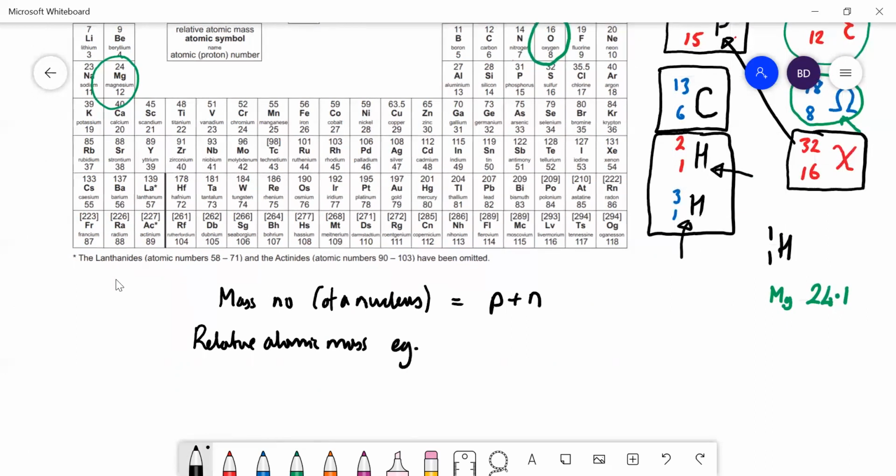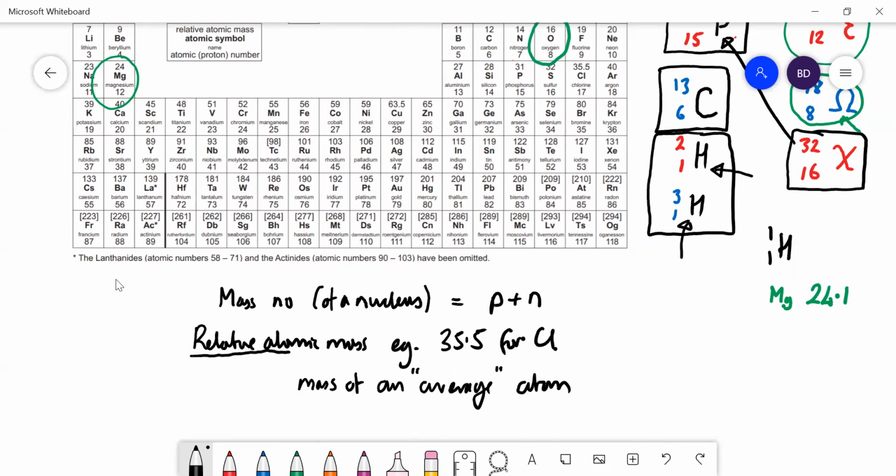Let's say, for example, we've got 35.5 for chlorine, and that is the mass of an average atom. Of course, there's no such thing as an average atom. No atoms are average, are they? They're either 35 or 37, but this is taking into account the different amounts of the two isotopes, and you work out the average value.